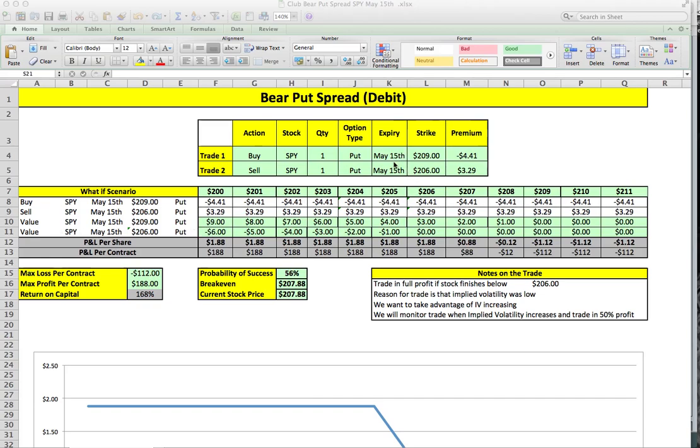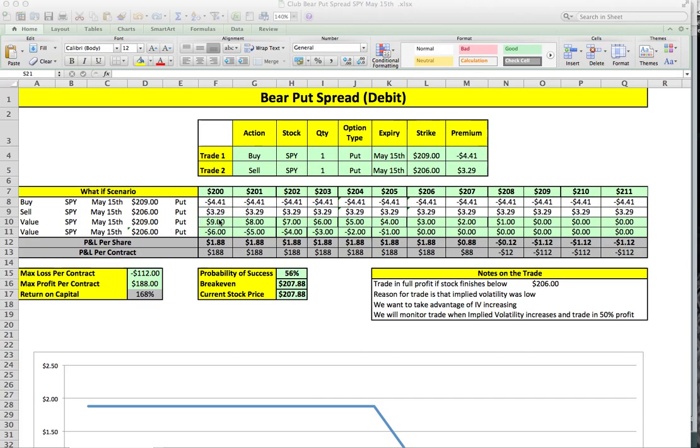We're assuming now we fast forward the clock. We're at expiry Friday. What is the value, for example, of the $209 put? Well, the $209 put allows us to sell SPY to the market at $9. So there's $9 of real value in this particular put if the share price of SPY is at $200.